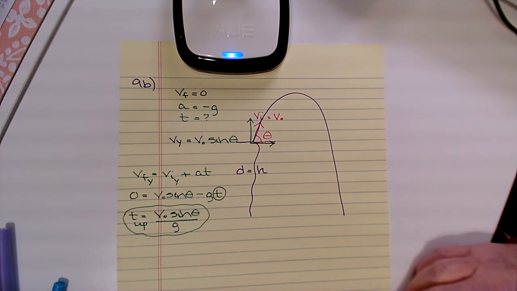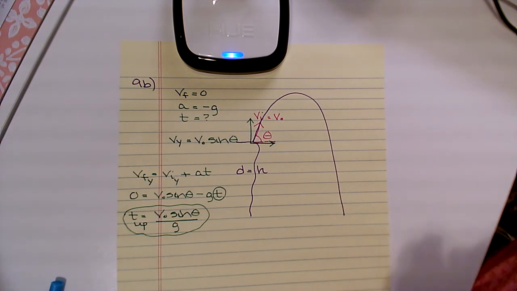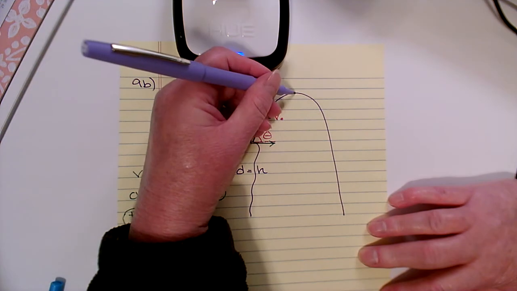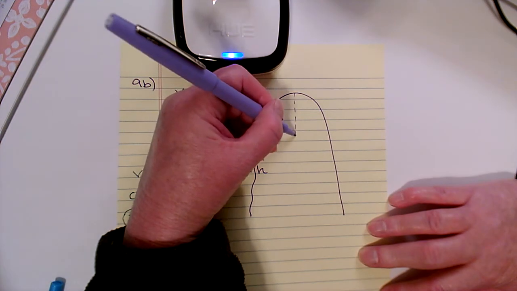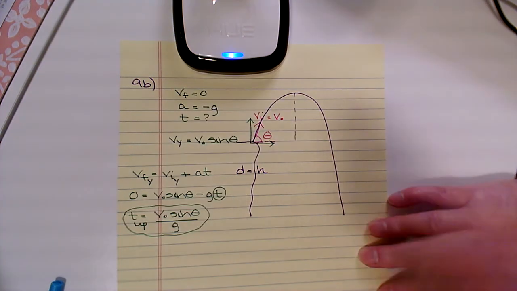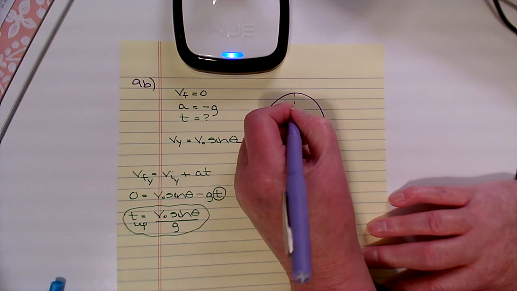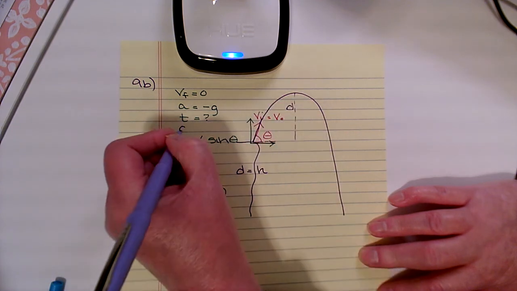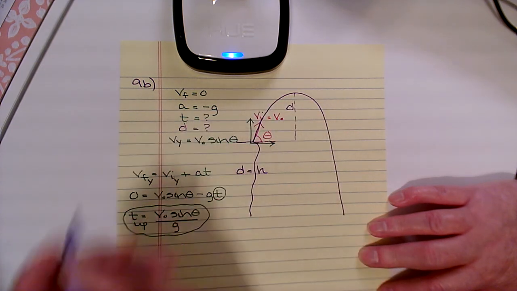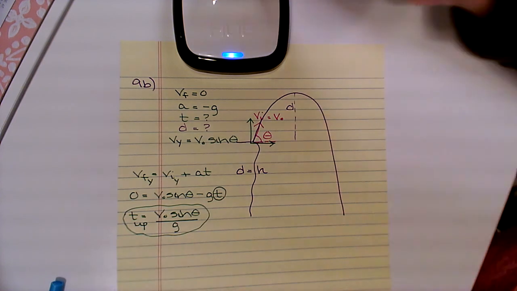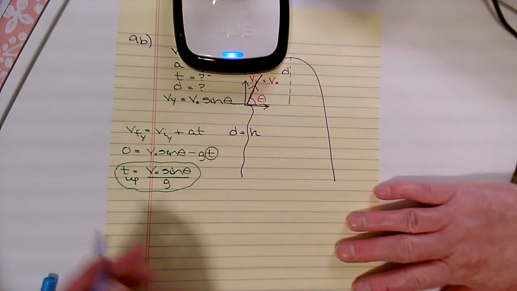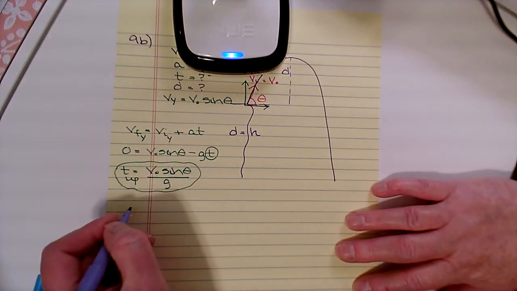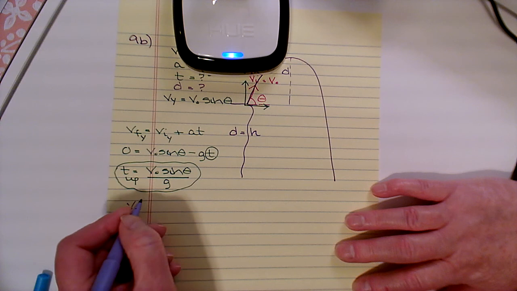All right, the other thing that I need to know is the additional height that it's going to go up. So I'm just going to call this a d, and I'm going to put that in my list. d equals question mark. And I'm going to use the third acceleration equation to solve for d.